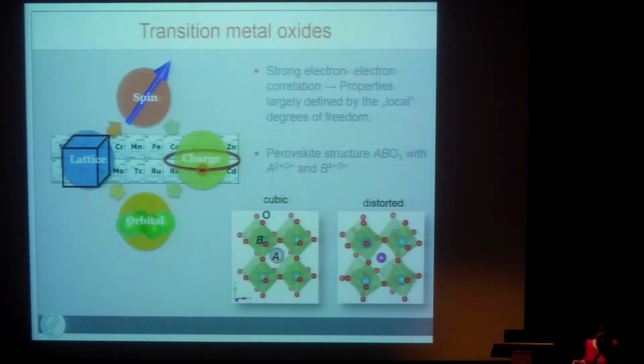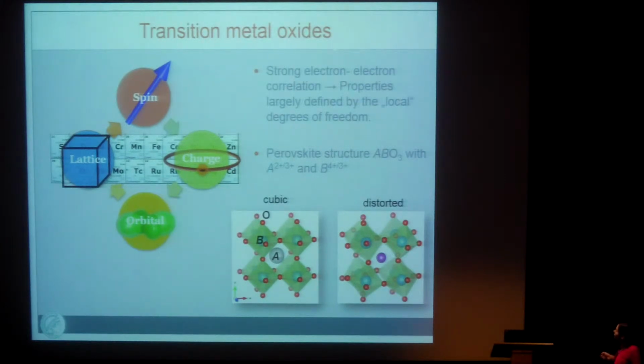So I don't need to give such a broad introduction, because the previous speakers already did very well. We are interested in heterostructures of transition metal oxides, and due to the strong electron-electron correlation in this class of materials, the properties are largely defined by the local degrees of freedom, that is spin, charge, orbital, and lattice degrees of freedom.